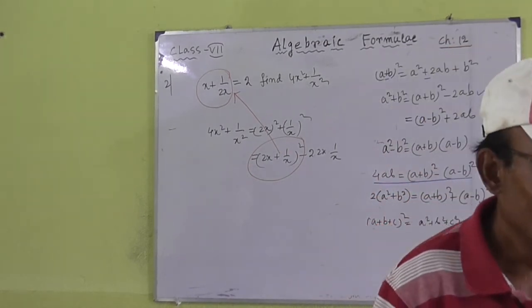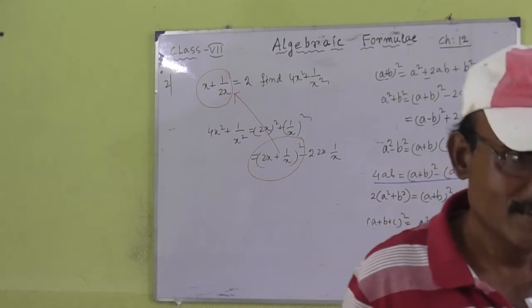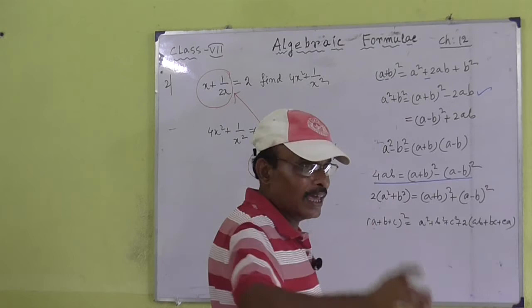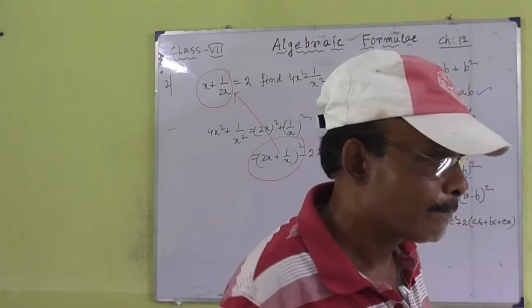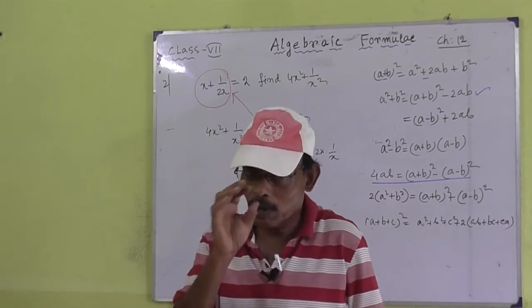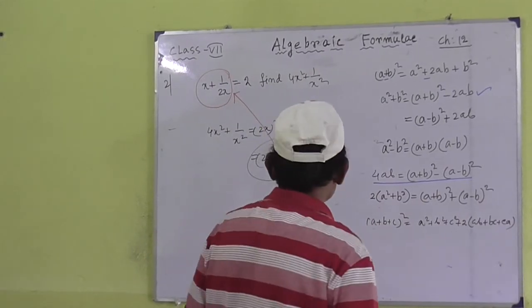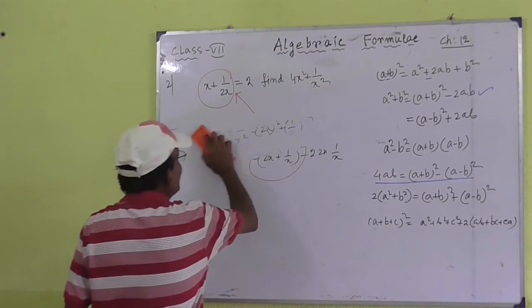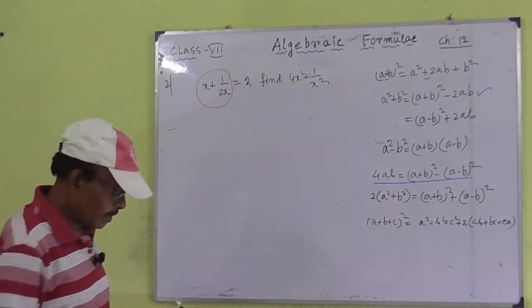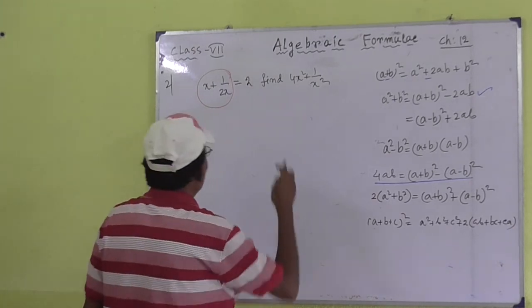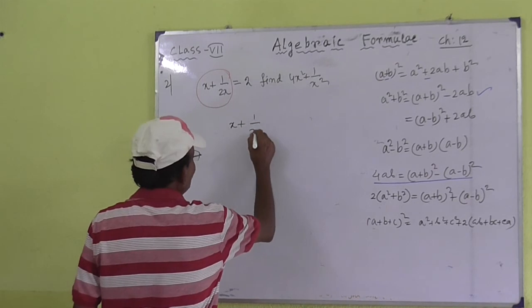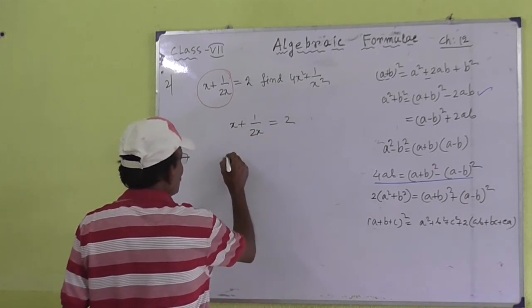So, we have to arrange this in the form of 2x plus 1 by x. So, here x plus 1 by 2x equal to 2.